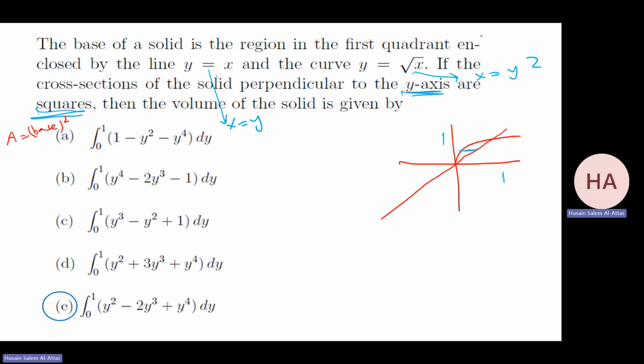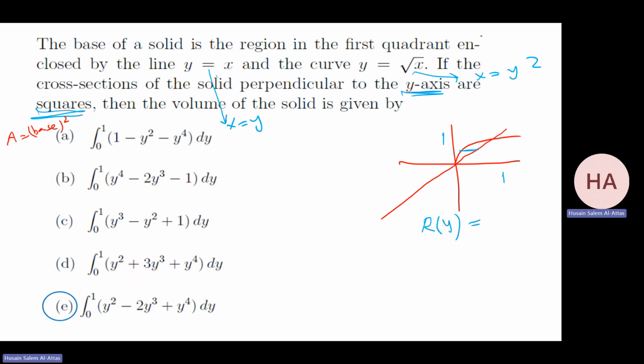No problem with this. So the bigger radius, the outer radius in terms of y, will be the line.